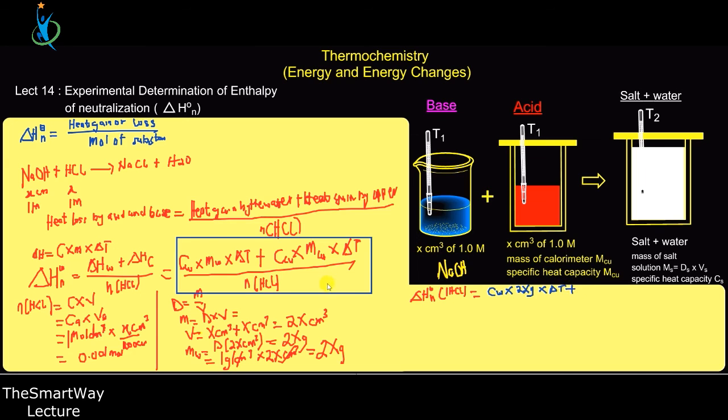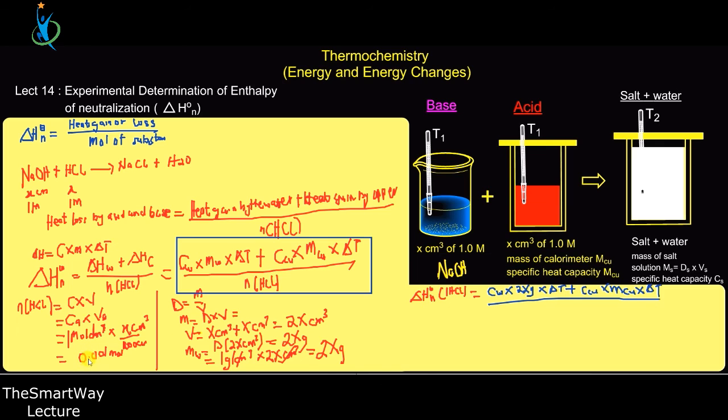Then you add it to the specific heat capacity of the calorimeter times the mass of calorimeter, that is when you weigh, you do your subtraction, and then times the change in temperature, then over the mole of the salt used.